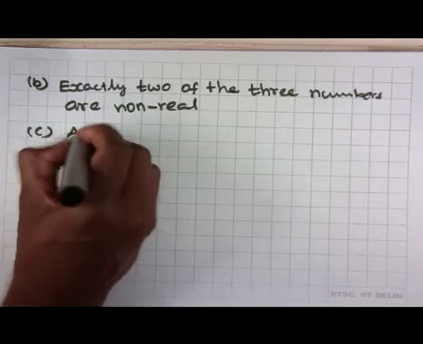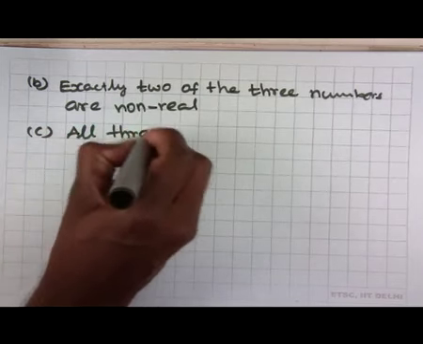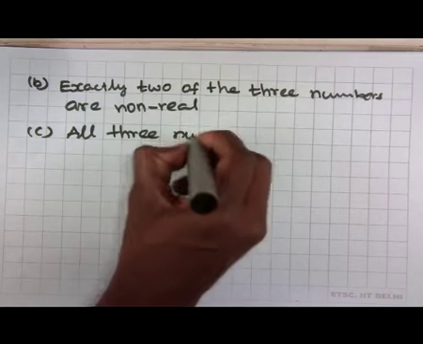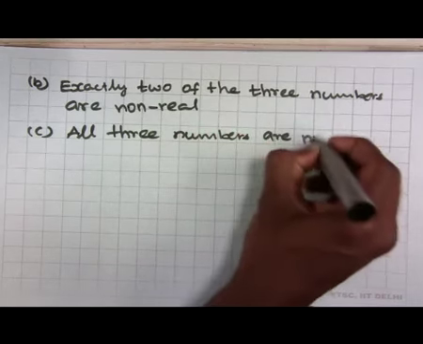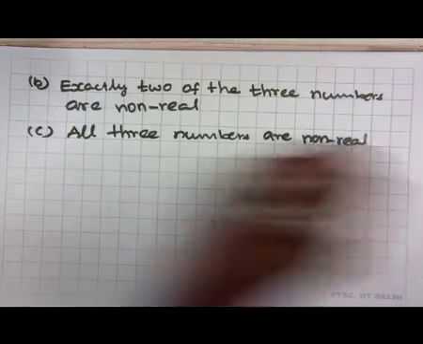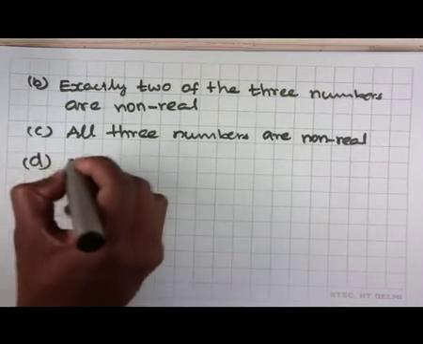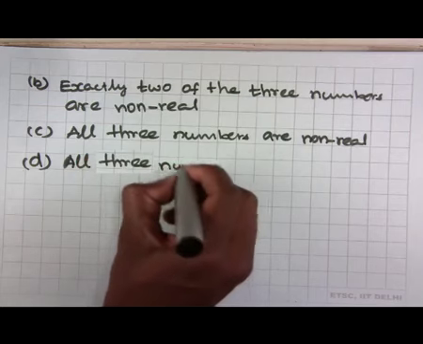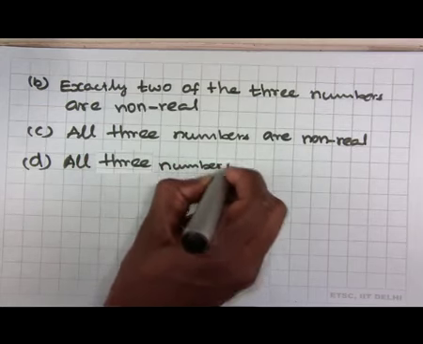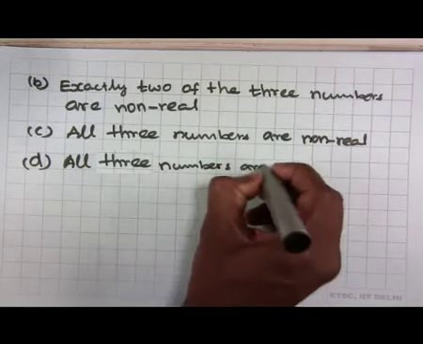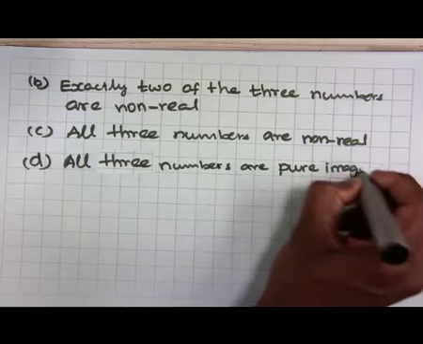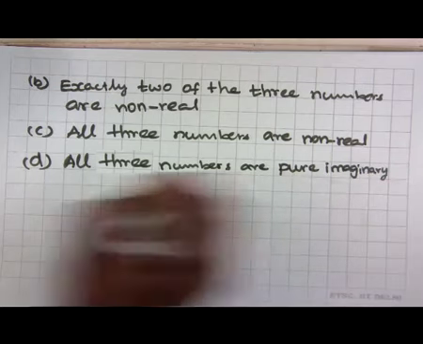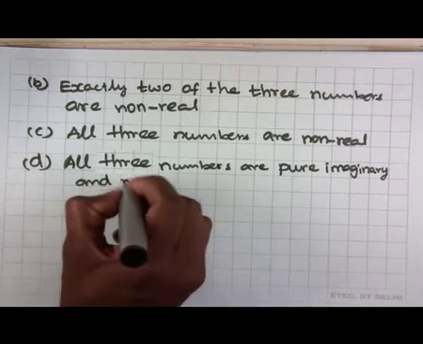Third choice, all 3 numbers are non-real. Fourth choice, all 3 numbers are purely imaginary and non-zero.